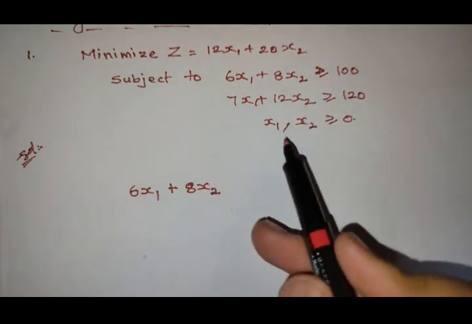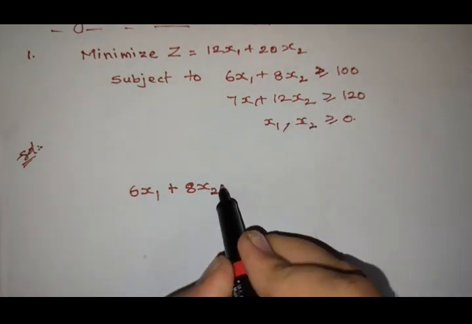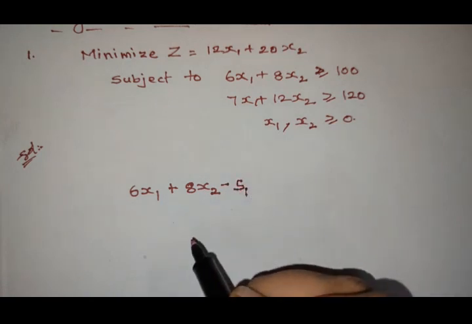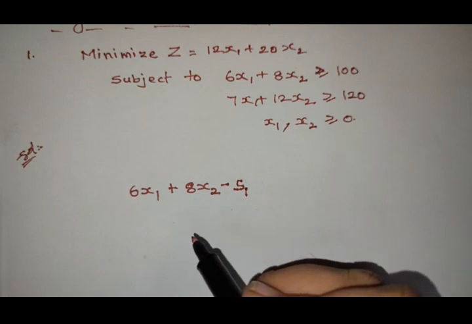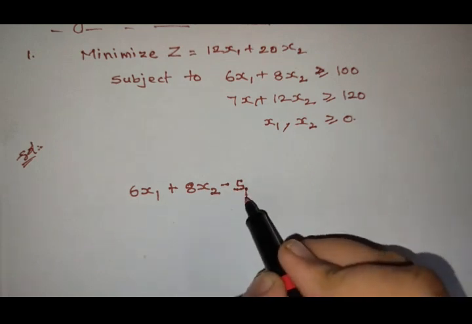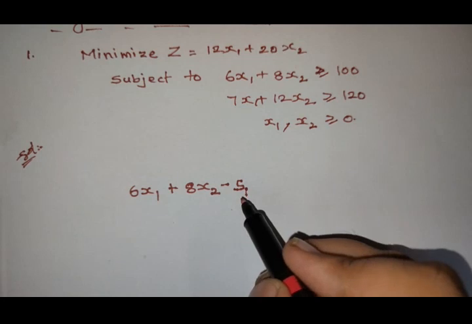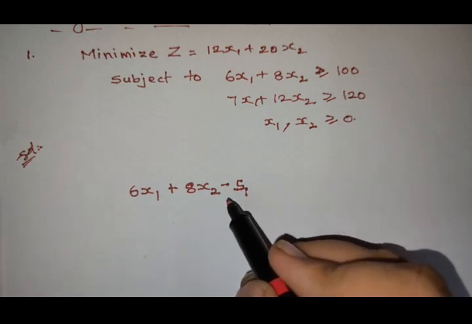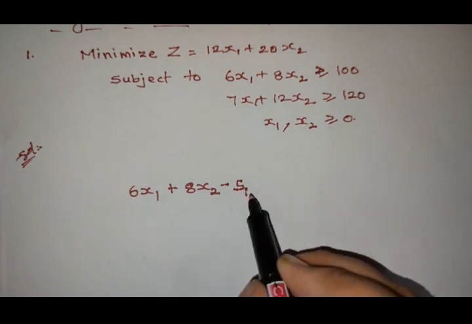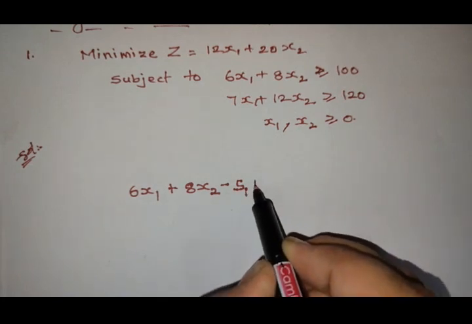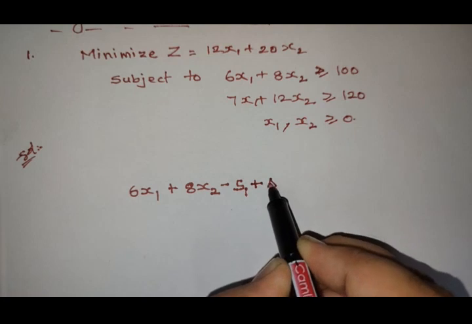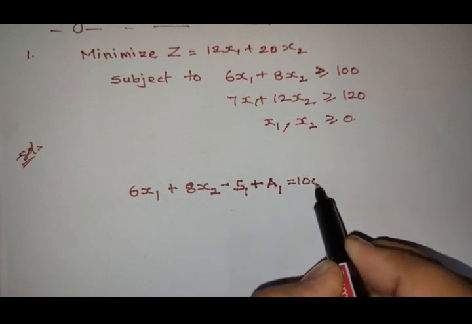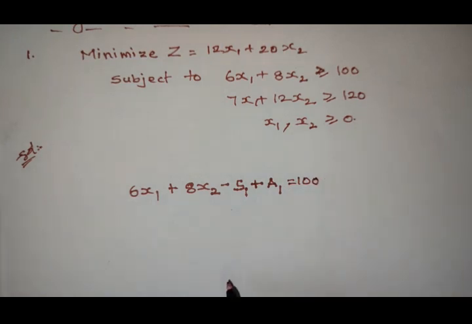If a greater than constraint is there, then we will add a negative slack variable, which is known as surplus variable. Negative means surplus variable; if it is positive, we call it slack variable. So minus s1, and we are going to add one artificial variable a1, equals 100. So this is our first constraint.